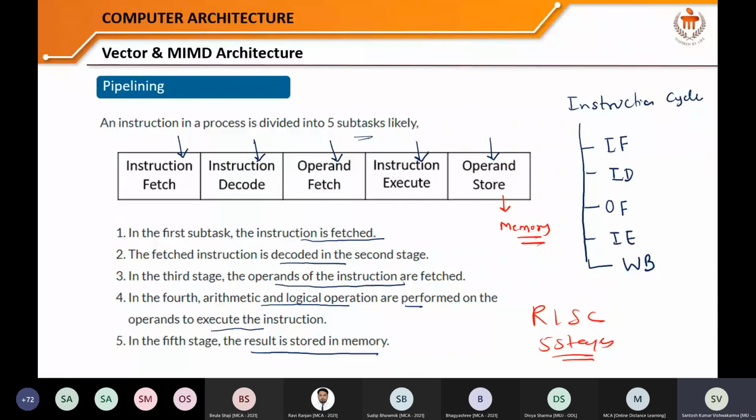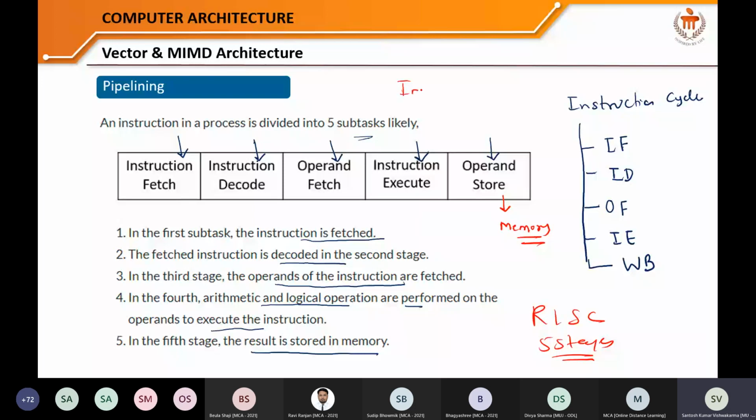What I said is that I have taken a few slides from the pipelining section, which we went through earlier. I hope you are quite confident about the instruction cycle. Once a user issues any instruction, the instruction goes through an instruction cycle.